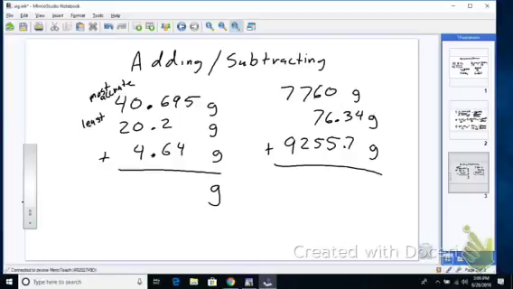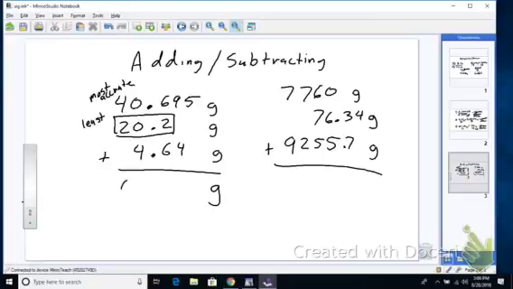So when you add and subtract, you can only go to the least accurate measurement, and that would be, in this case, to the 10th spot. Okay, so when you add that all up and get your answer, you can only go to the 10th spot in your answer because we can't be any more accurate than the least accurate measurement that has been performed.